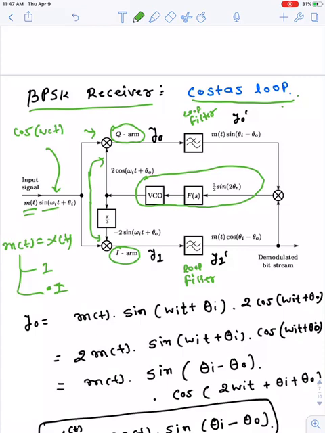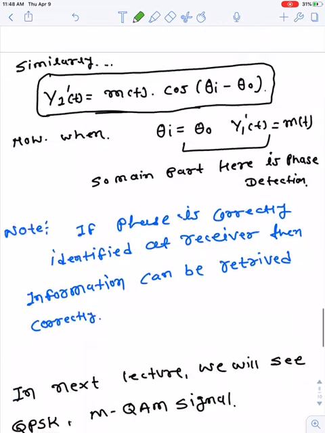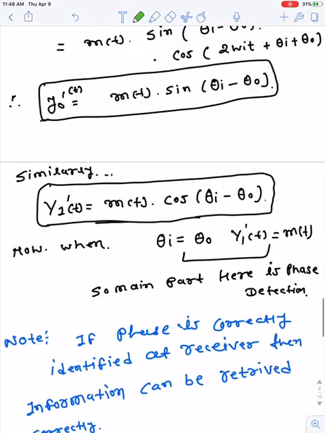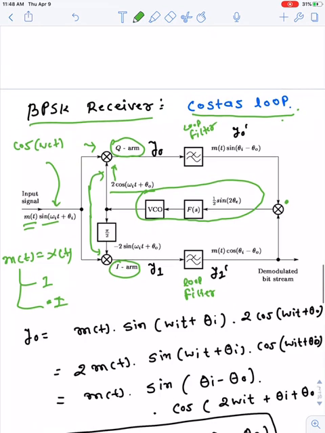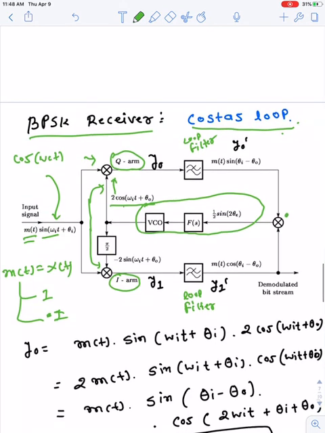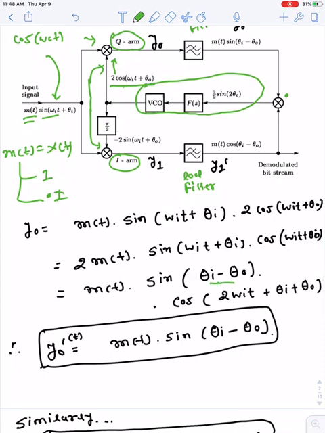So what happens here? We can start from here initially. This VCO will generate 2 cos omega ct plus theta 0, which will be multiplied here. This is the similar multiplier we discussed earlier. It is multiplied with the incoming signal sine omega ct plus theta I. So you are getting the two components from sine into cos: sine of theta I minus theta 0, and 2 omega ct plus theta I plus theta 0.